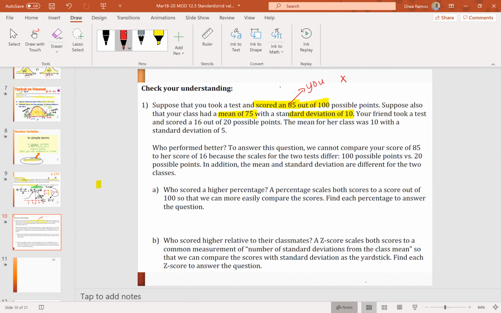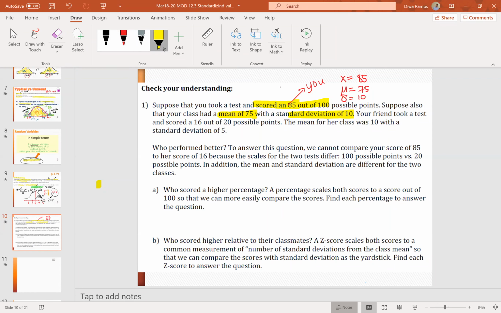Your score, which is your random data, is 85. The average of the class is 75. You definitely scored higher than the average of the class. And the sigma of the class is 10, so the scores seem to spread by 10 from 75, the center.